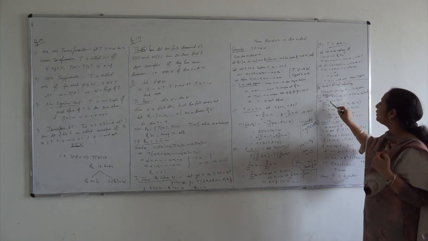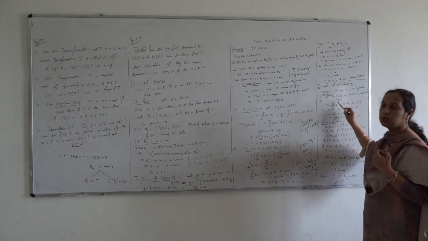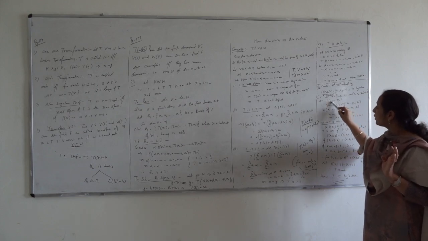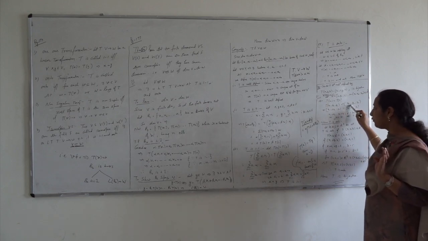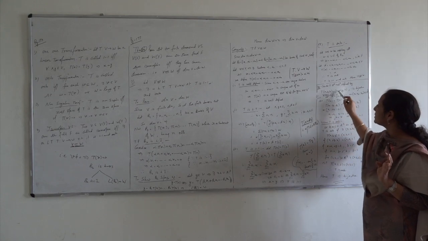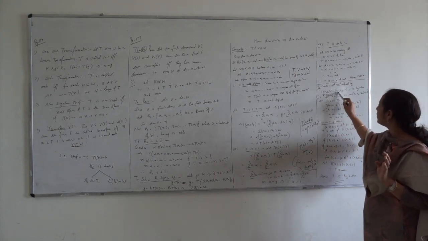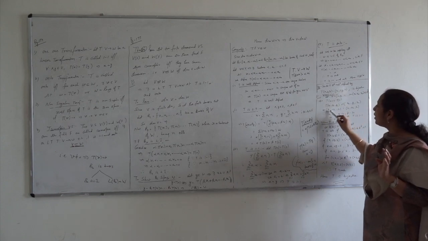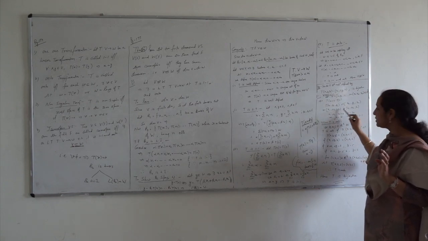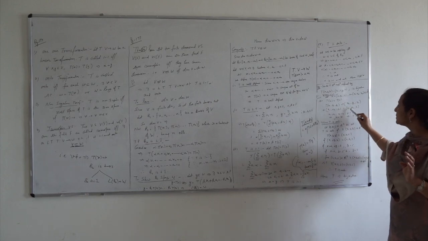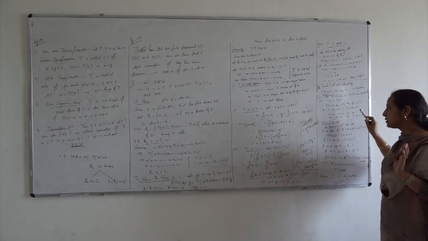To prove 1-1, take T of u equal to T of v. We put the value of u and value of v. Take the transformation as defined in the statement, T of (x, y, z) is equal to (x, lambda y, z). So (x1, lambda y1, z1). Similarly, on the right hand side, (x2, lambda y2, z2).